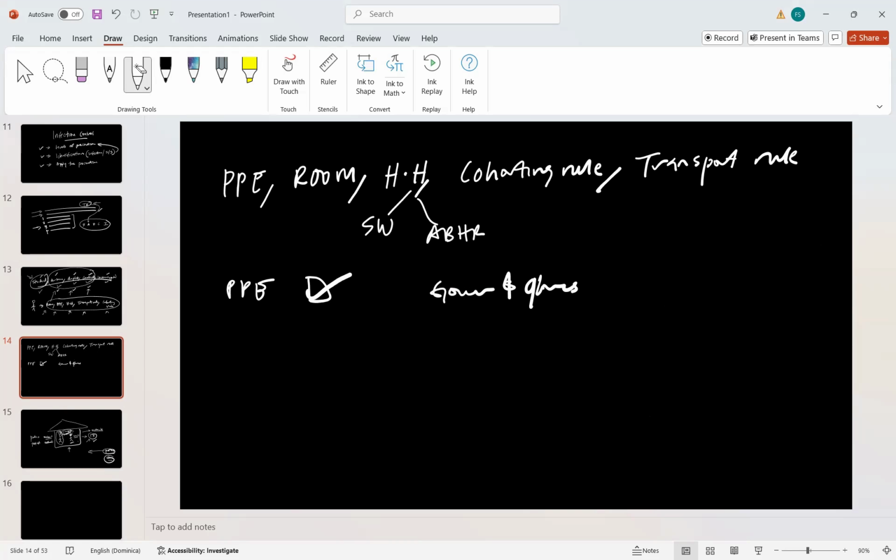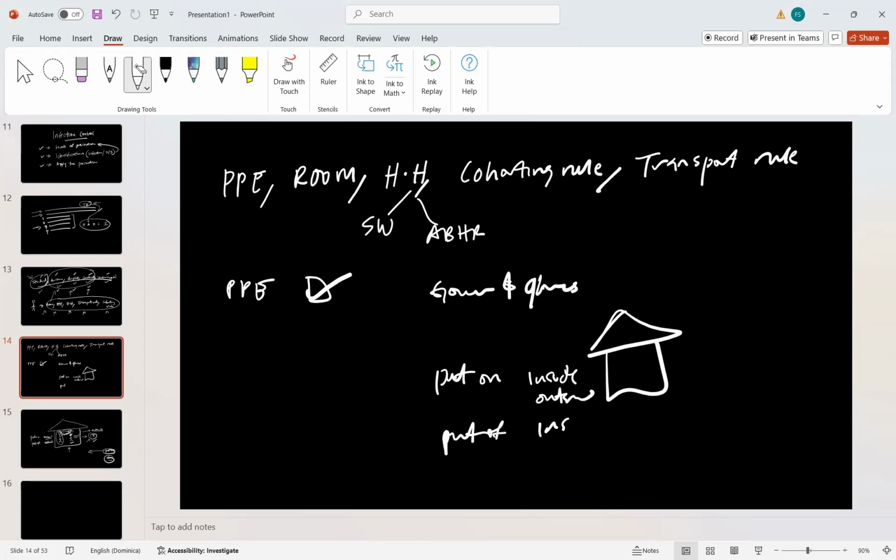So the PPE, right? This is your patient room. Do we put it on inside or outside? And do we put it off inside or outside? Inside, prior to touching everything, and then take it off inside before you go out and touch things.